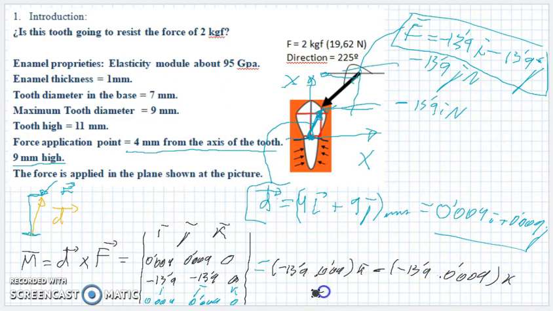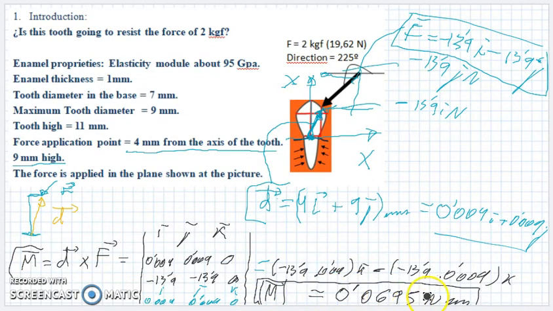Okay, so in general, if we make these operations, as a result, we get that the moment, or the absolute value of the moment, is going to be 0.0695 newtons meter, which are the units of the international system. So here we are, the results that we have obtained by calculation handmade.